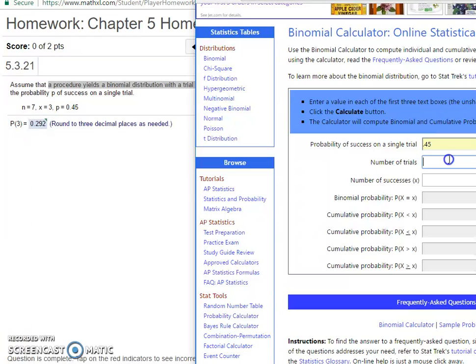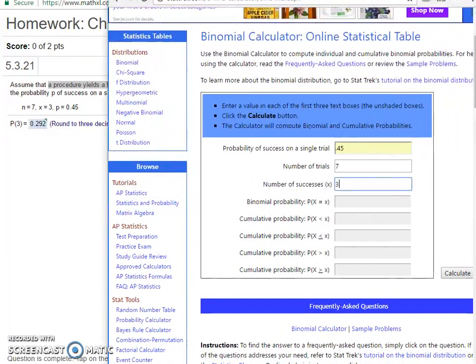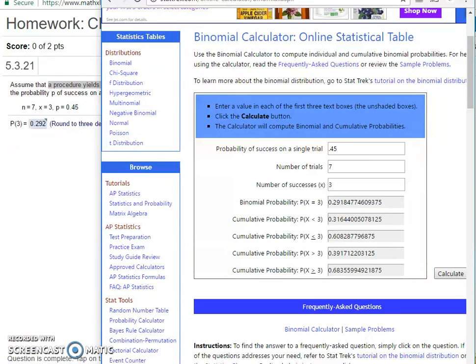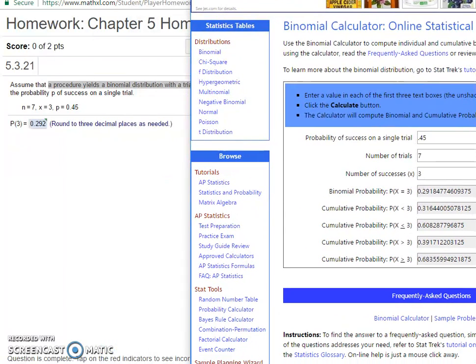The number of trials, that's going to be 7. So n is number, and then x is going to be 3. And then there's going to be a calculate button. So you're going to click on that calculate button, and it wants it rounded to 3 decimal places. So binomial probability, P of x equals 3, 0.2918. 3 decimal places, the one, look to the right, it's a 5 or above, 0.292. There's my solution. Note you could also use this calculator for the previous example.